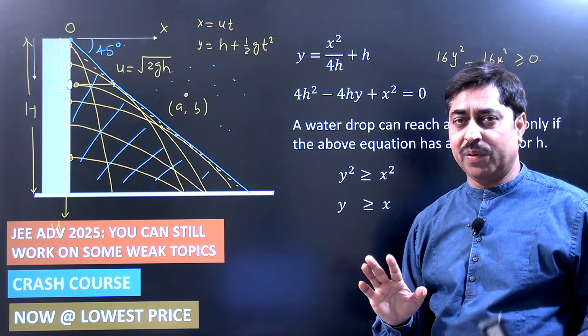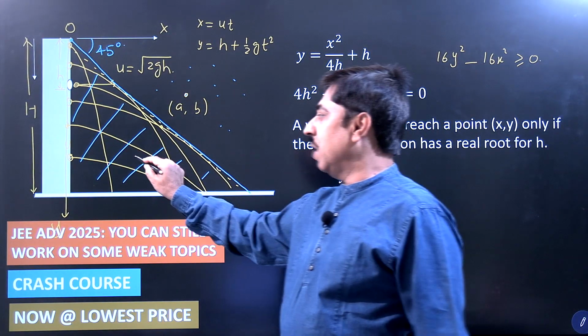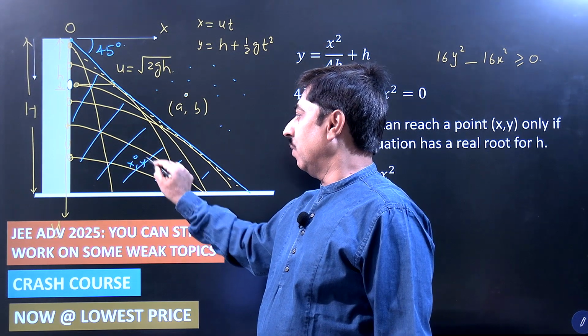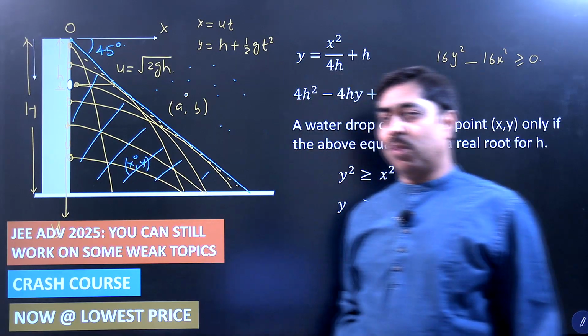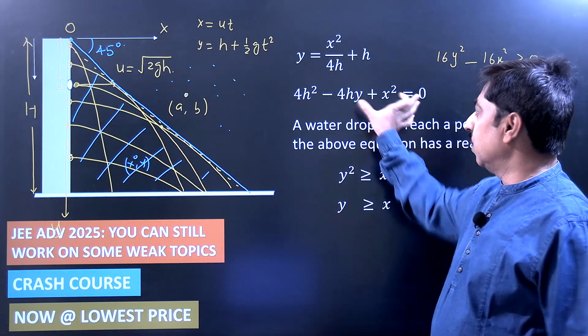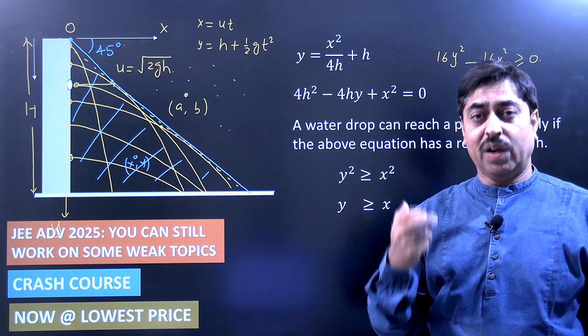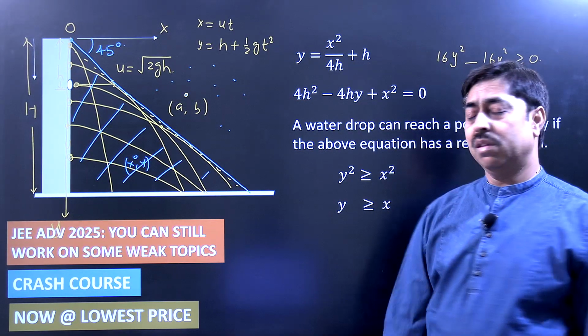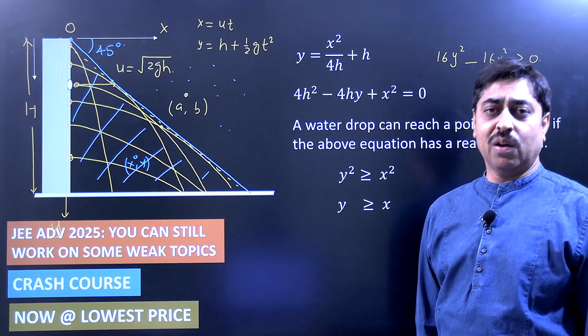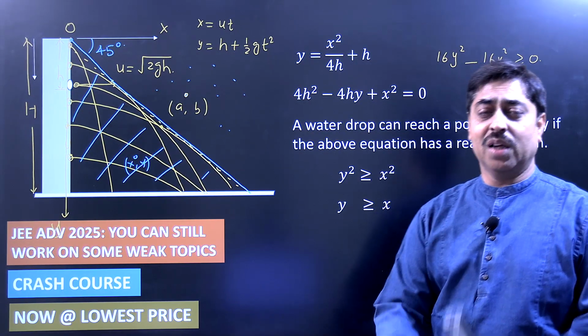I hope I am not confusing you. If you are randomly taking a point x comma y, a comma b, whatever, and a water drop has to cross through this point, then this equation must give me a real value of h, which is possible only if y is greater than or equal to x. What does it mean actually?